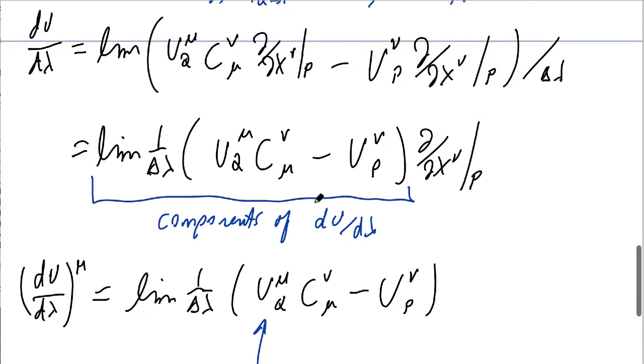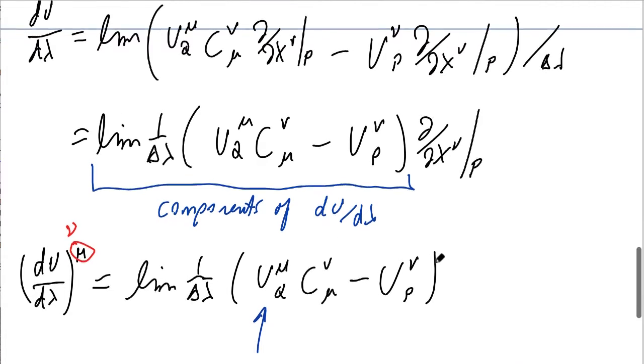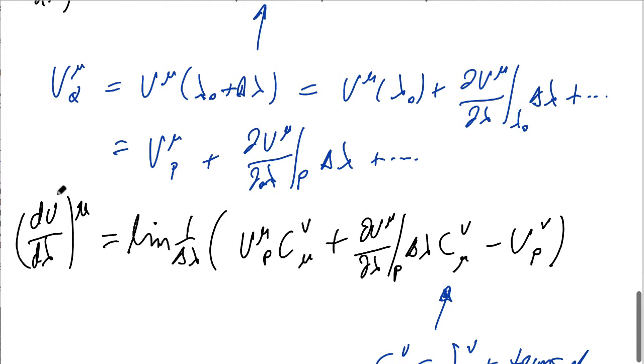The mistake came when I was identifying the components of dV/dλ as this expression. I stripped off ∂/∂x^ν, and ν is being summed over in this equation, but when I removed it, it left a free index ν, so this index should have been ν. Again, free index ν, free index ν, and in this equation as well, this should be ν.